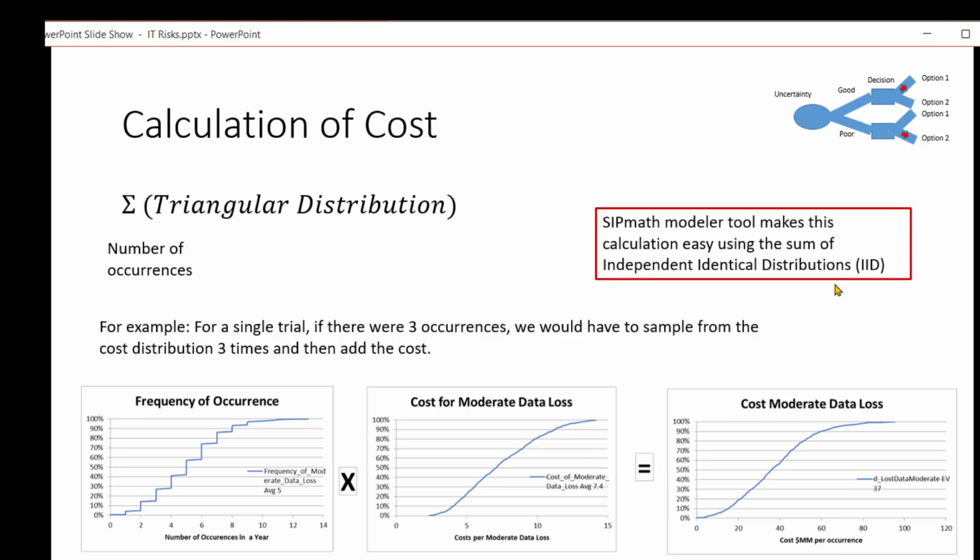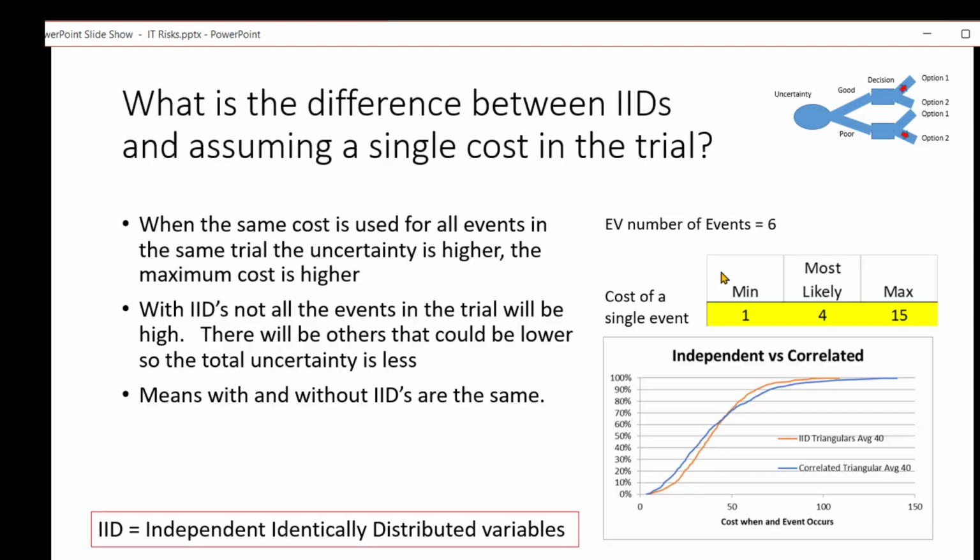So the SIP Math Modeler tool makes this simple. It's an easy calculation using their tools and SIP Math. What is the difference between IIDs, which are independent, identically distributed variables, and assuming a single cost in the trial? When the same cost is used for all events in the same trial, the uncertainty is higher.